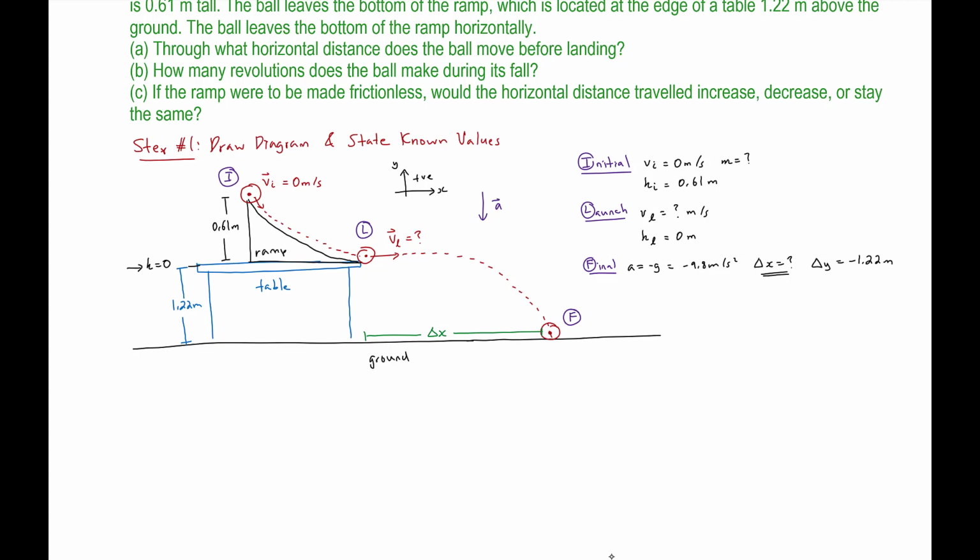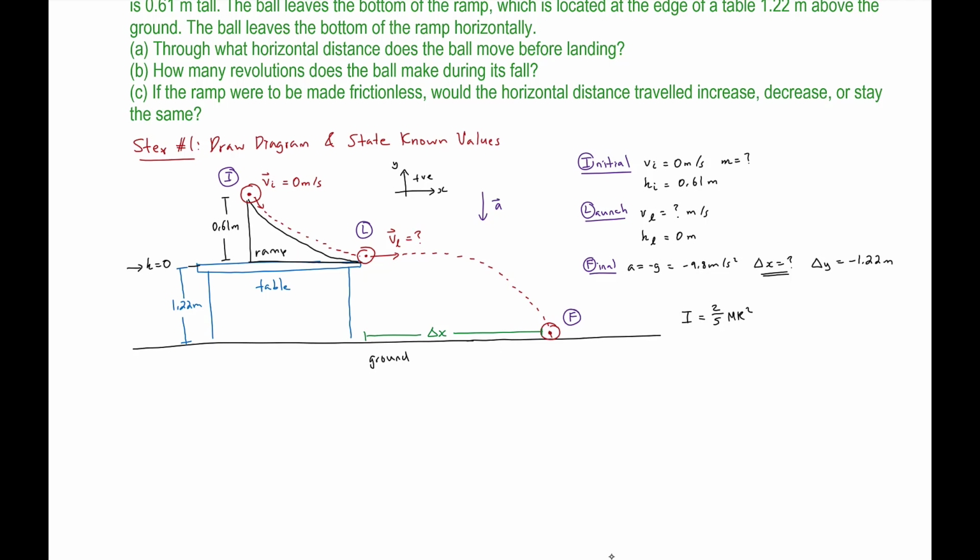Other equations that we might want to use: this is special, we do have to look at a table for our moment of inertia. The moment of inertia of a sphere with its axis of rotation at the center is 2/5 mr squared.